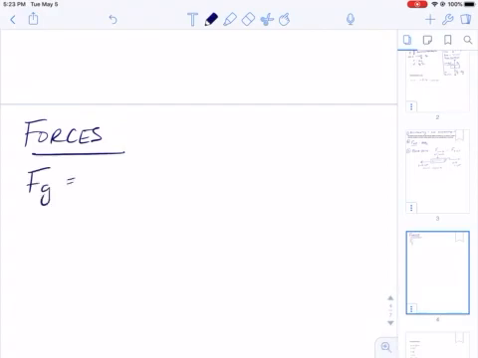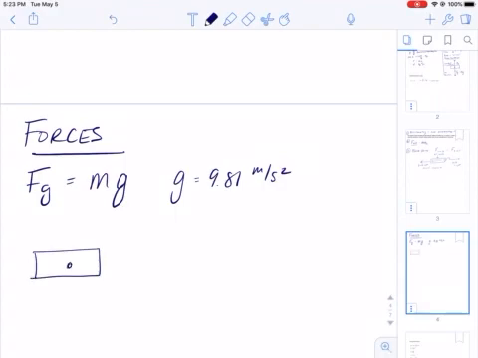Be careful that you don't call it the natural force or some other n word that starts with n. Normal force. The word normal means perpendicular. And the normal force always acts perpendicular to the surface.